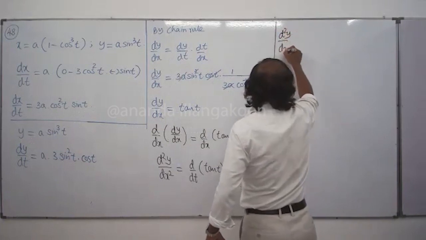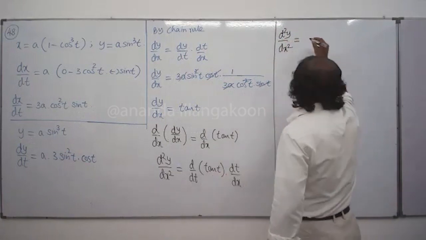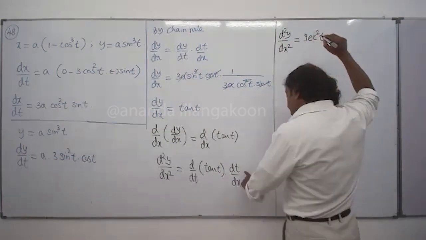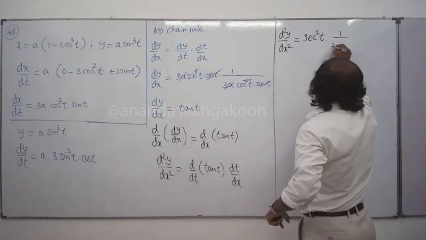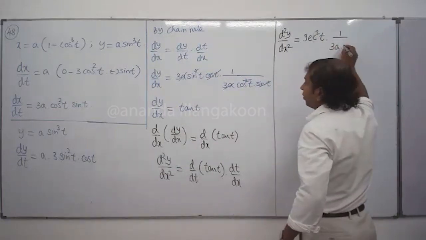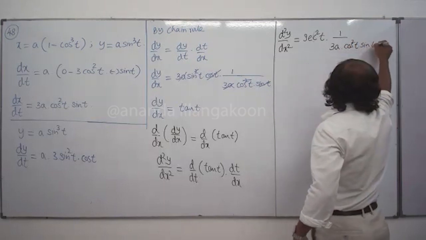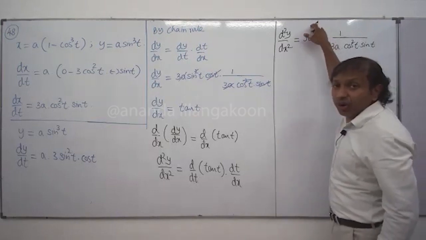So d2y over dx2 is sec squared t times dt upon dx, which is 1 over 3a cos squared t sine t. You know, people, sec squared means 1 over cos squared.